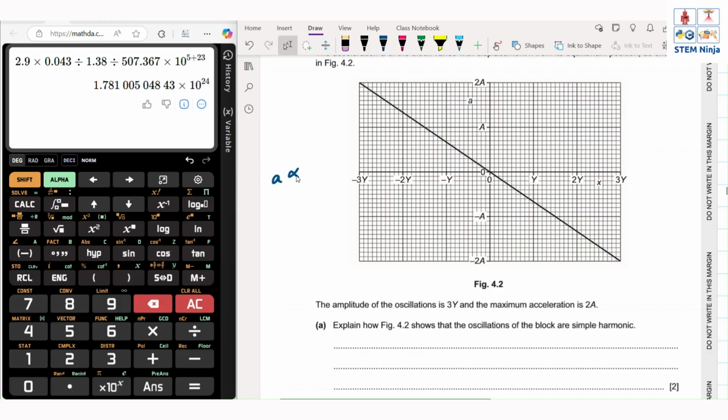So we know that acceleration is proportional to displacement, which means passing through the origin. And the negative sign over here indicates a negative gradient.